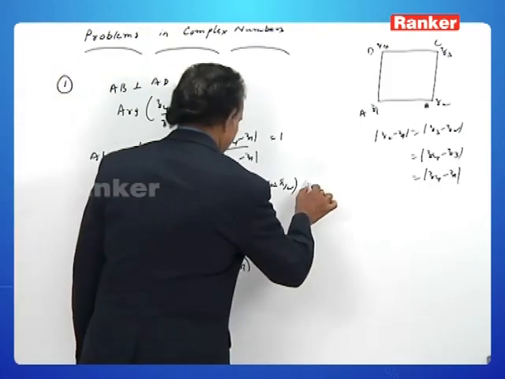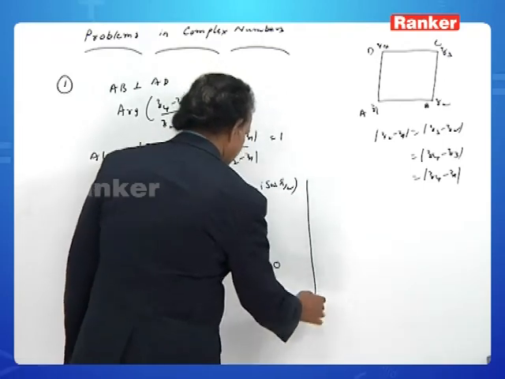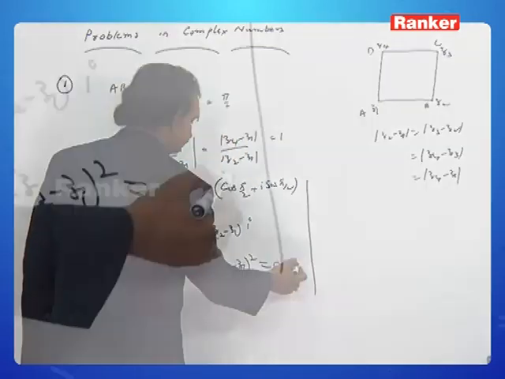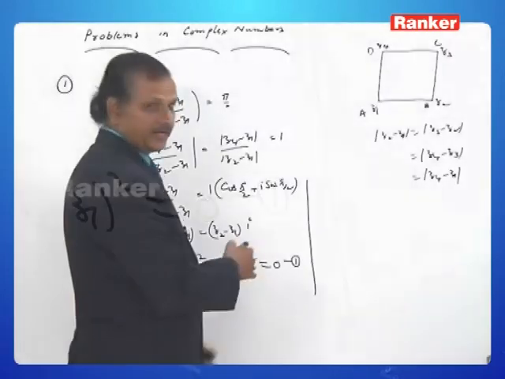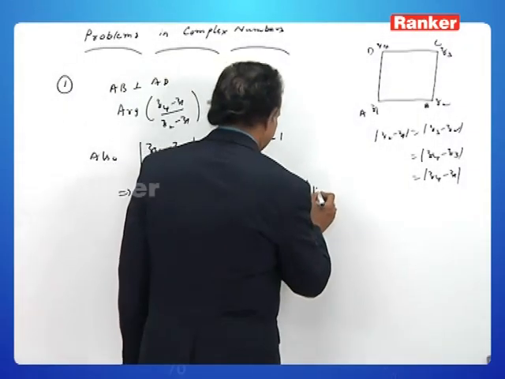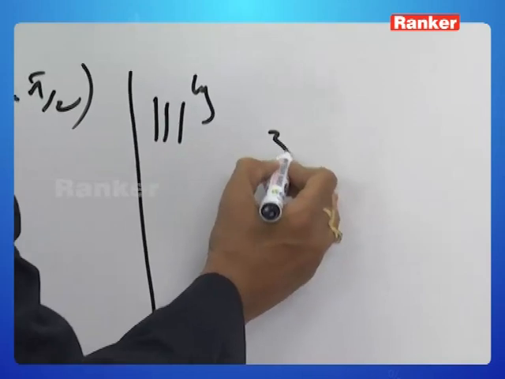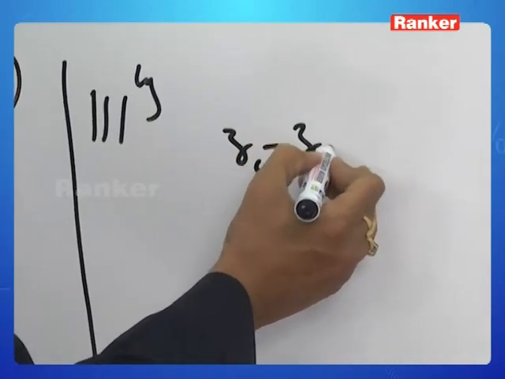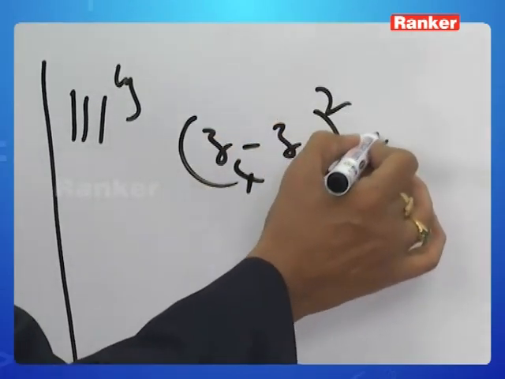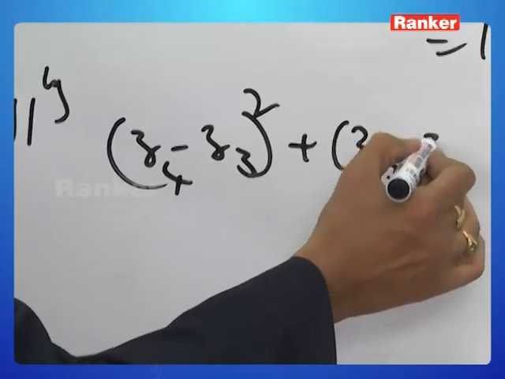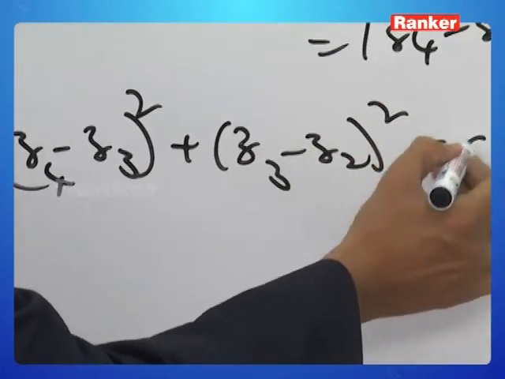Therefore, let me call this 1. In a similar fashion, what can we have? Similarly, (Z4 minus Z3) whole square plus (Z3 minus Z2) whole square is also 0.